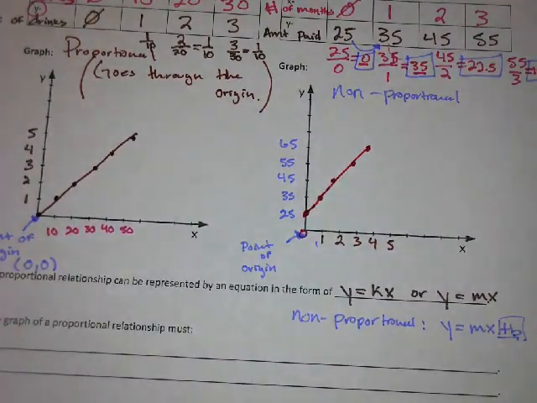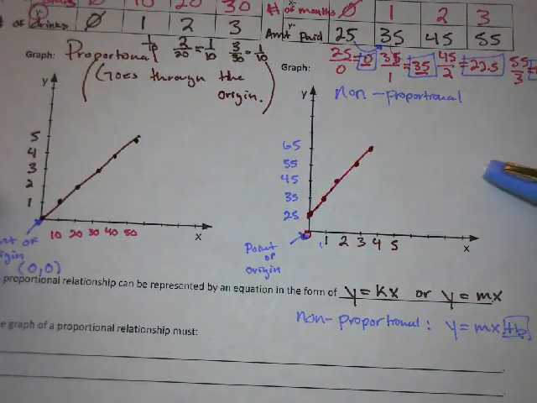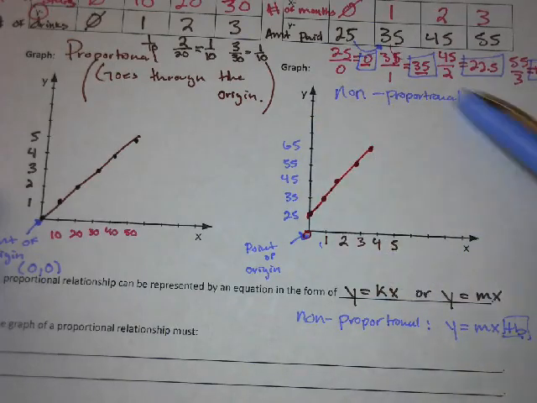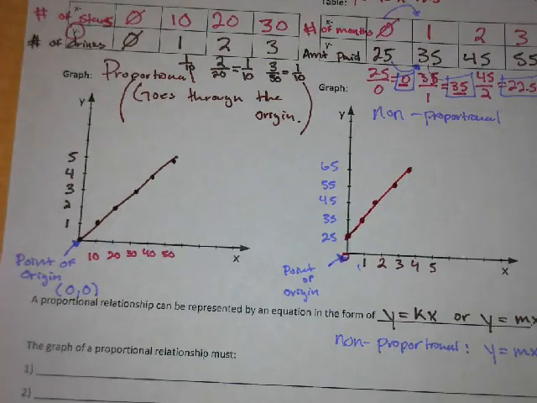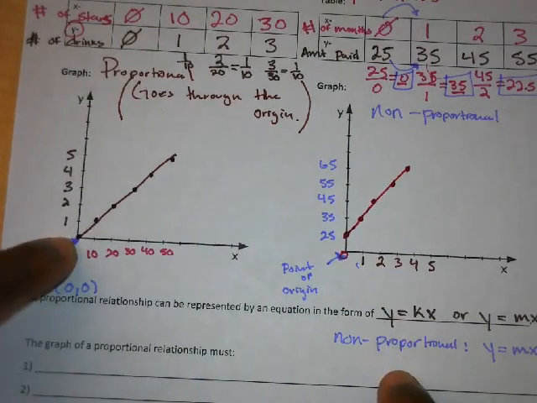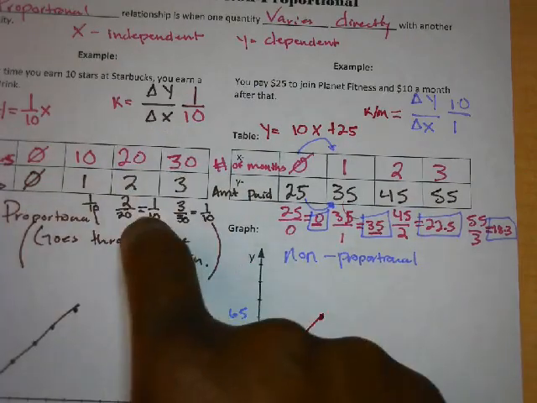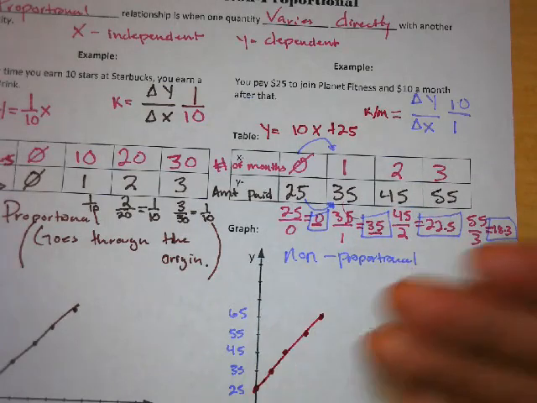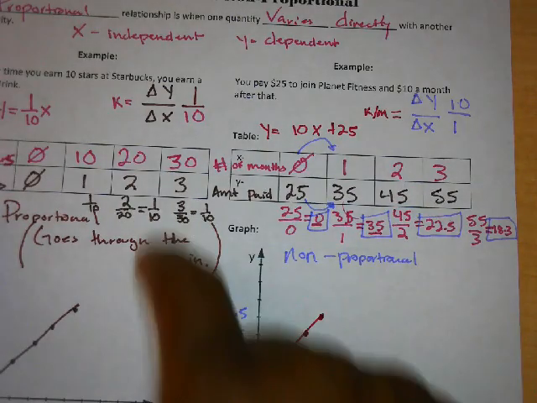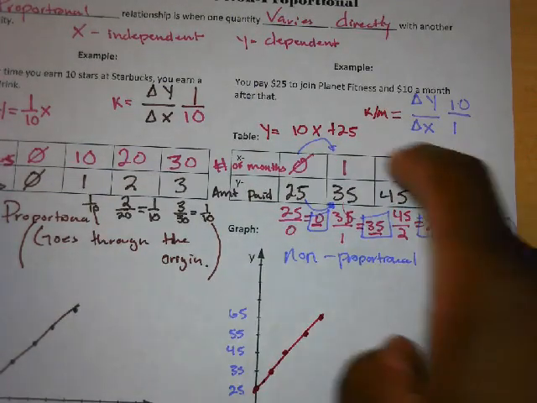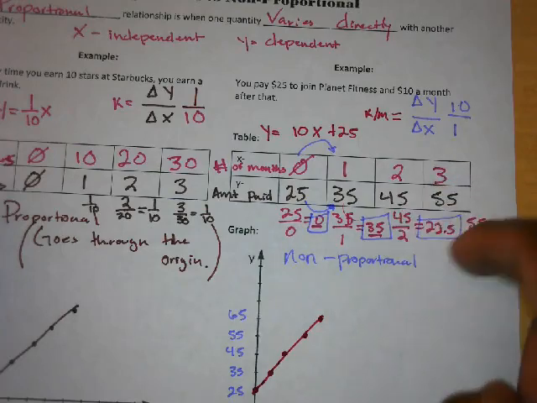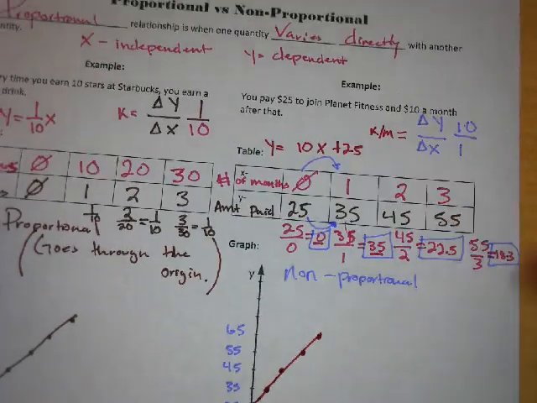So again, we'll go more in depth as we get into our unit. Really, I just want you to understand the comparison between the two: the fact that this graph starts at the origin and this one does not; the fact that this table, if you divided all of the values, has the same quotient, as opposed to this one, which has a different quotient every time you divide the values, y over x.